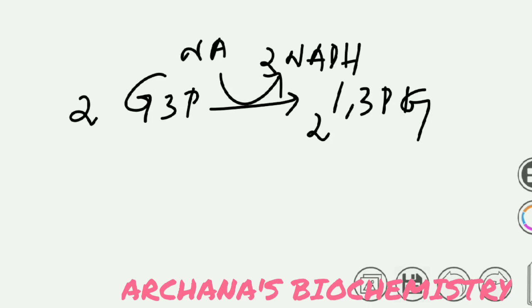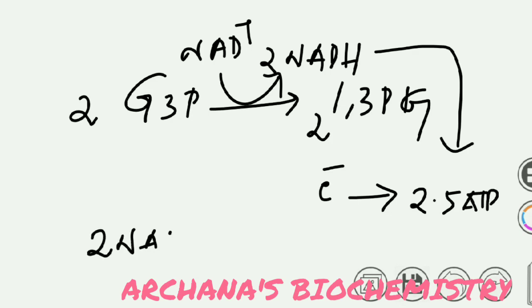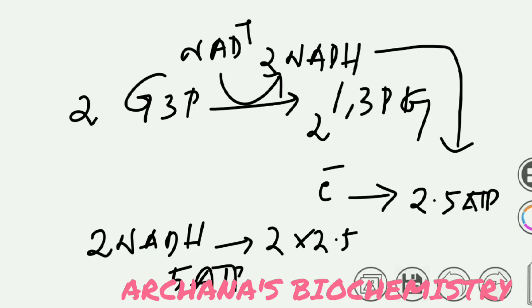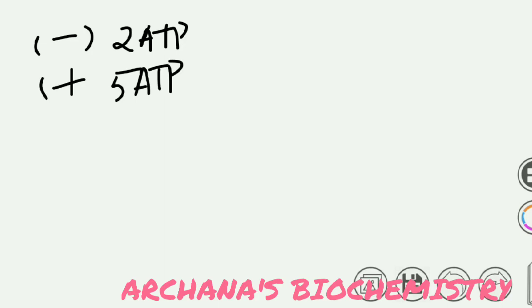So here 2 NADH are produced. This NADH is going to enter into your electron transport chain to generate 2.5 ATPs per molecule of NADH. So 2 NADH will form 2 into 2.5, which is equal to 5 ATPs. Okay. So initially we had minus 2 ATP plus 5 ATP.